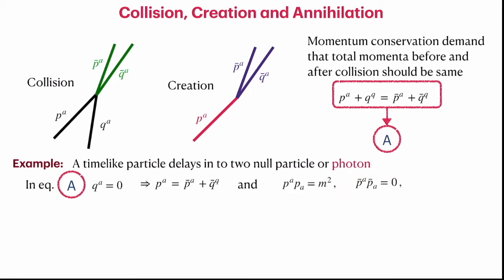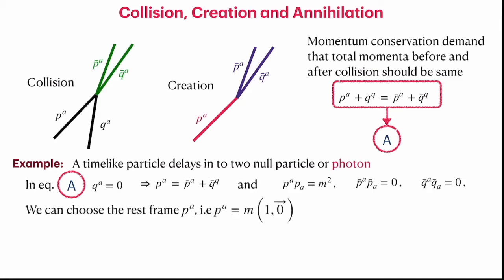That means it corresponds to null trajectory, and then we have Q bar squared that is also equal to 0. That means that is also a light-like 4 momentum. We can choose the rest frame of observer for momentum P^A. In such case, the 4 momentum can be written as m into (1, 0).